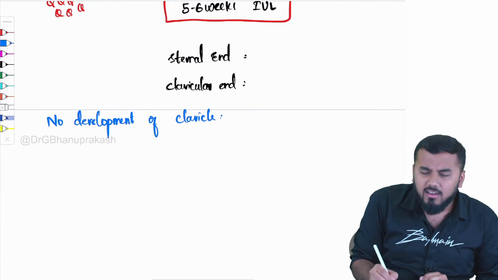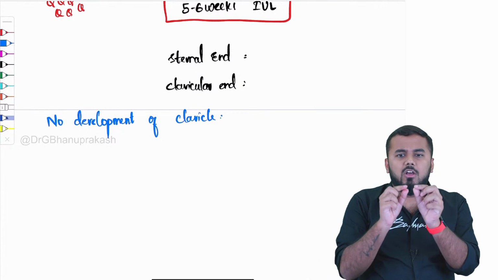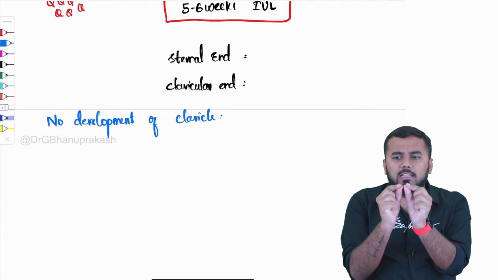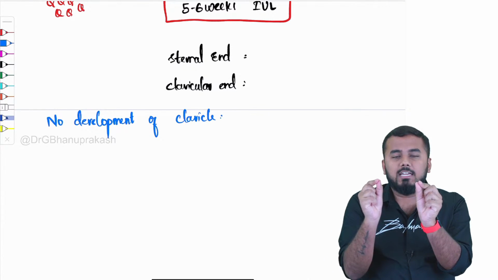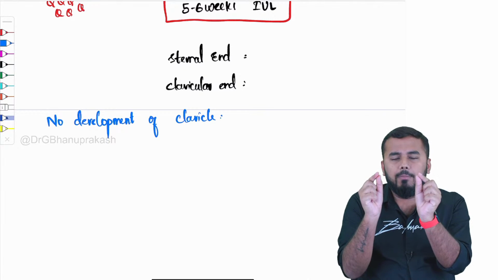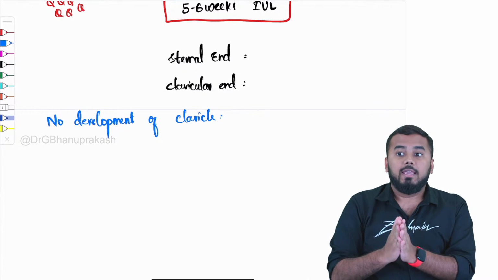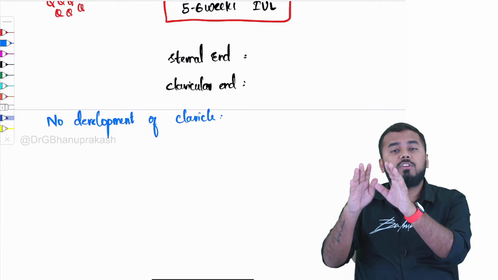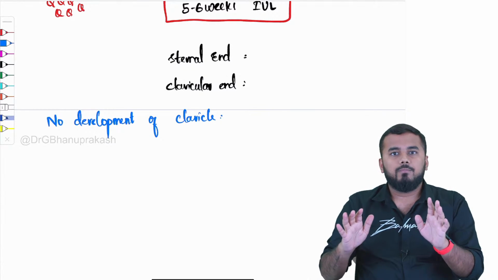In some patients, the ossification centers will be there, they will grow, and suddenly there will be a defect and the development of the clavicle stops. In some patients, the ossification centers don't even appear.